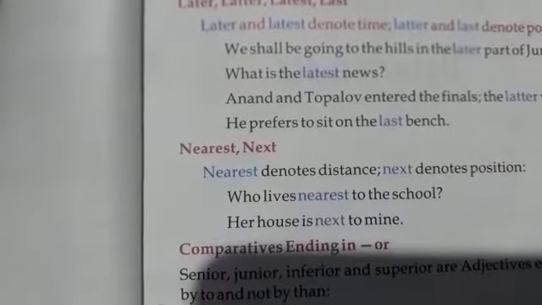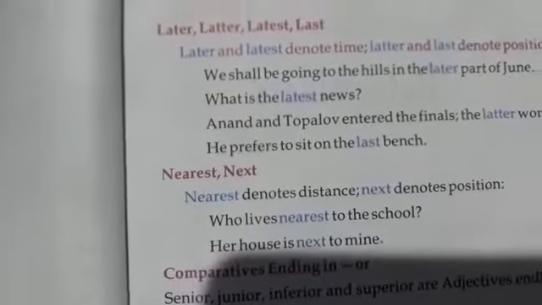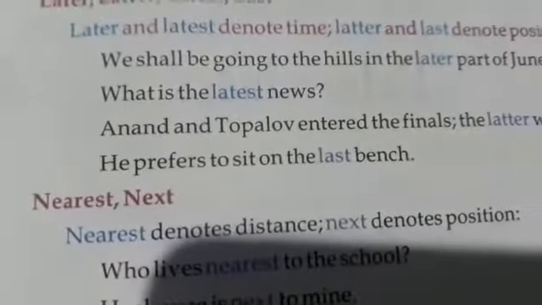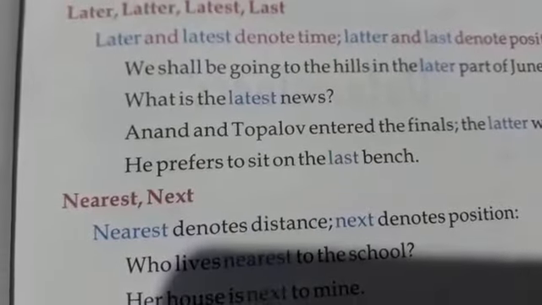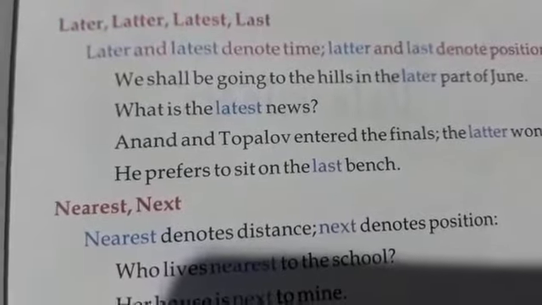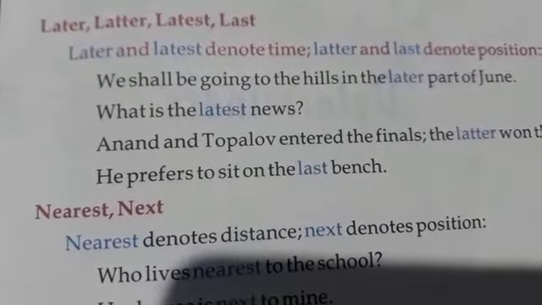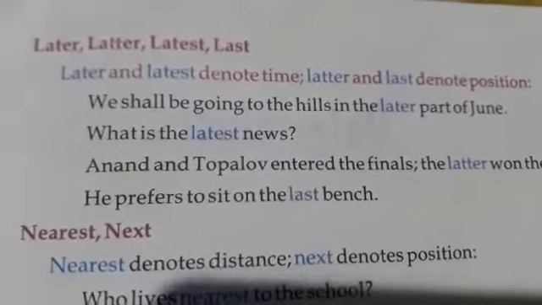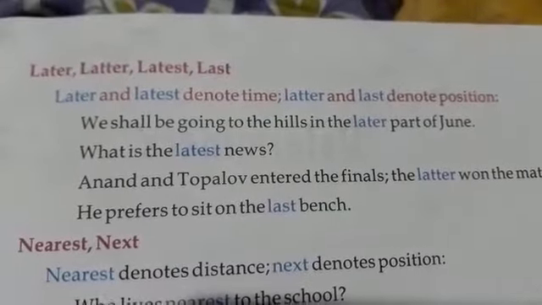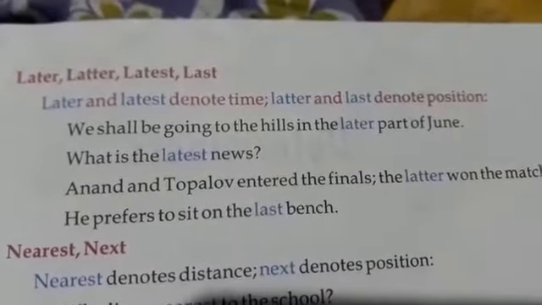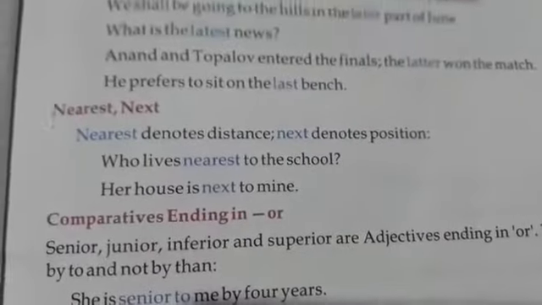Next sentence: He prefers to sit on the last bench, showing the position. Last is showing the position of the bench, not the time. Hope you got the uses of all these four words. Now let us move to the next one.